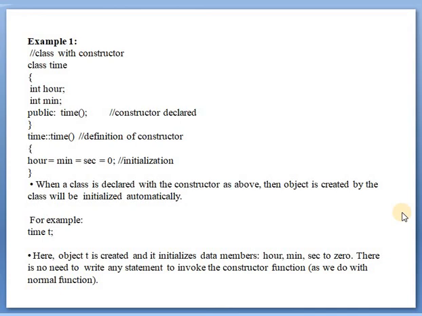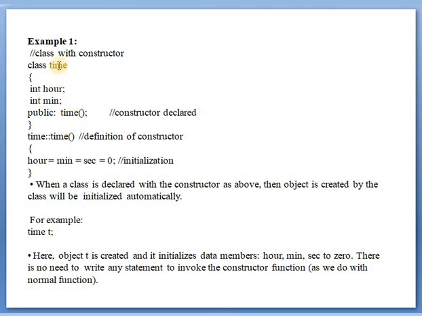Now see the example of constructor. Class with constructor. See here, class time is the class name. Here is the declaration of the class. First we are declaring the data members, that is integer hour and integer minute. Public time.